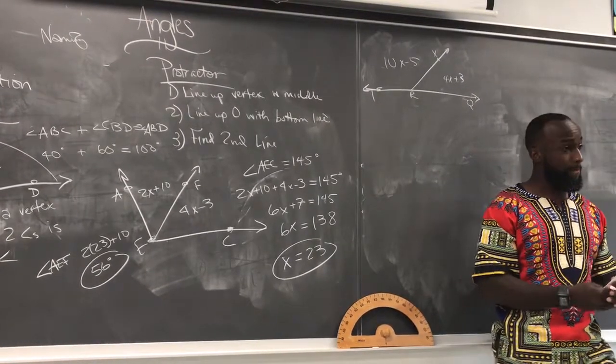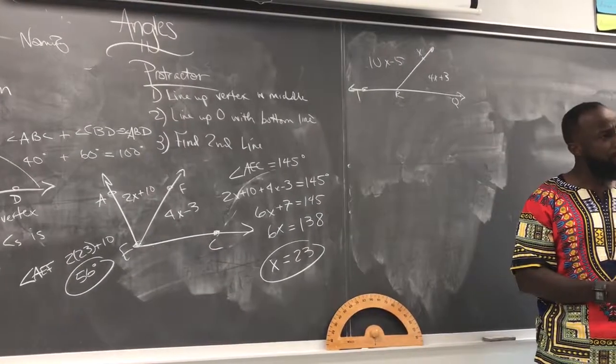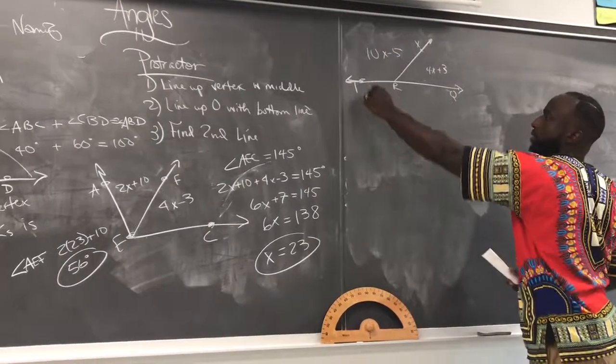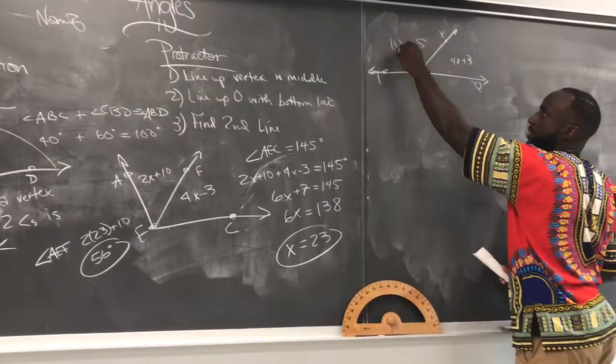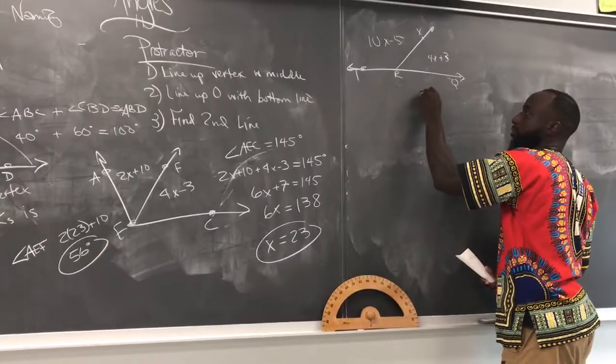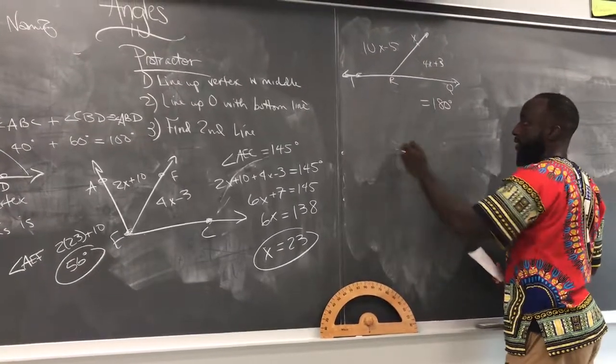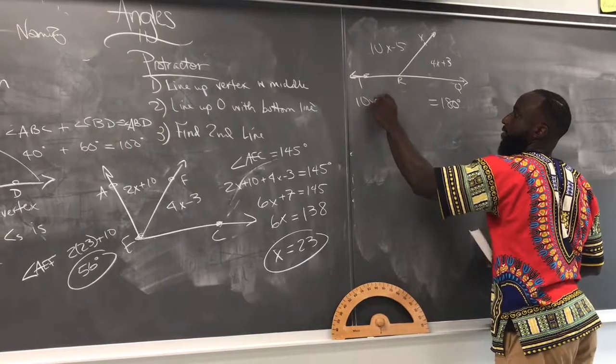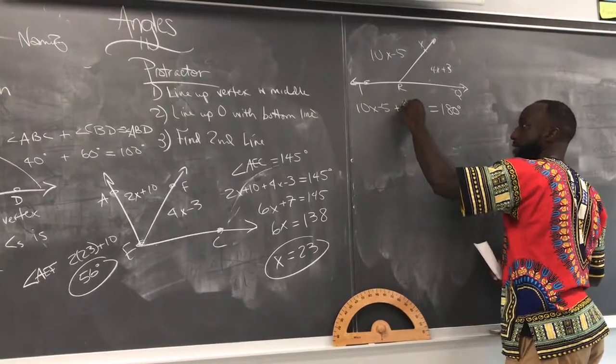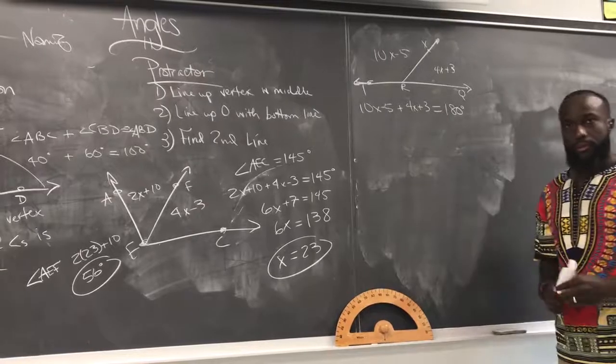Very good. So this is a straight angle, so you add these two angles together and set them equal to 180 degrees. Very good, Kaden. So that's 10x minus 5 plus 4x plus 3 equals 180.